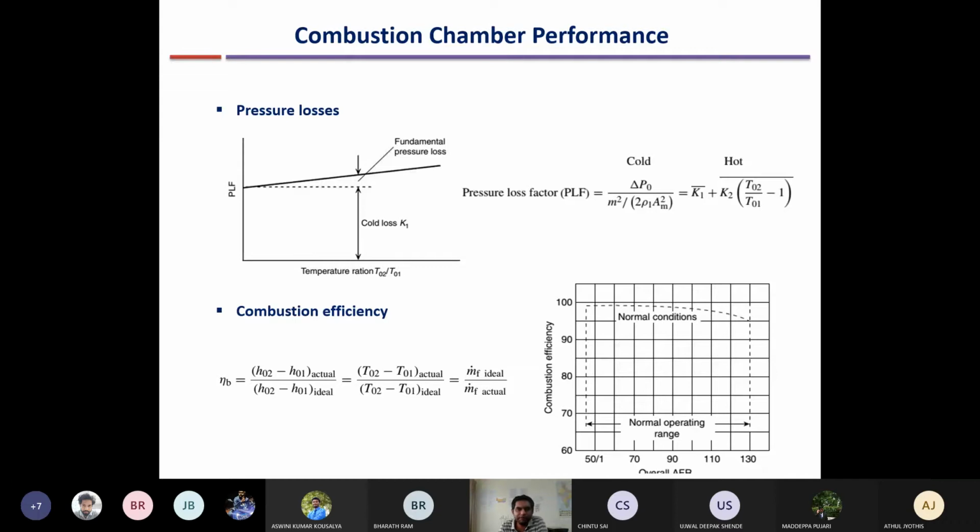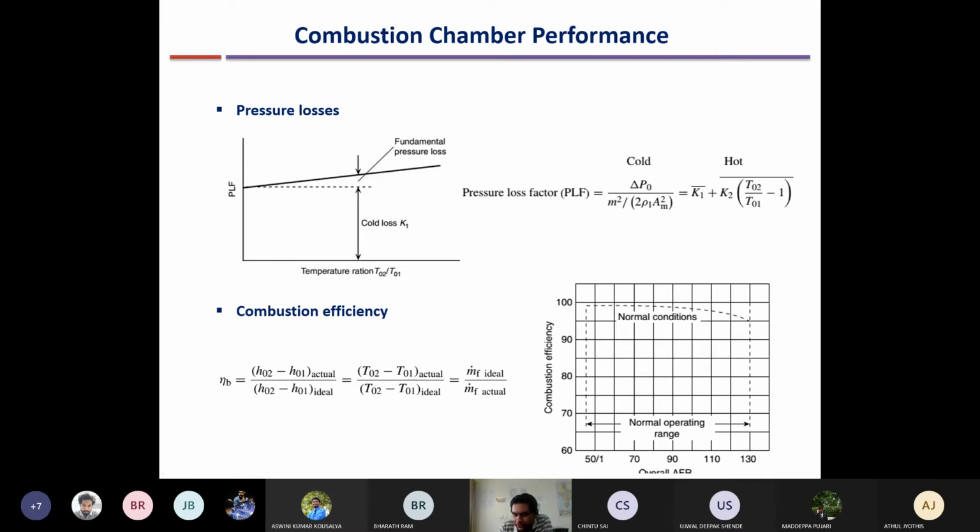There are a few important parameters which dictate the combustion chamber performance, and by studying these parameters, we can say whether the combustion chamber is performing well or not. The first parameter is the pressure loss in the combustion chamber. We know already that there will be some pressure losses in the combustion chamber.